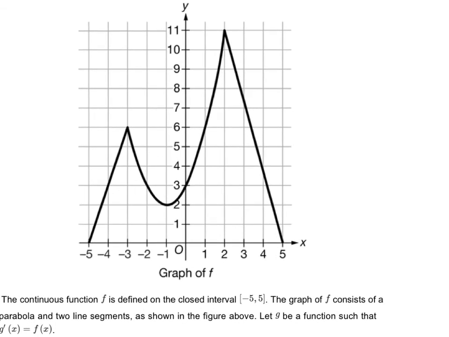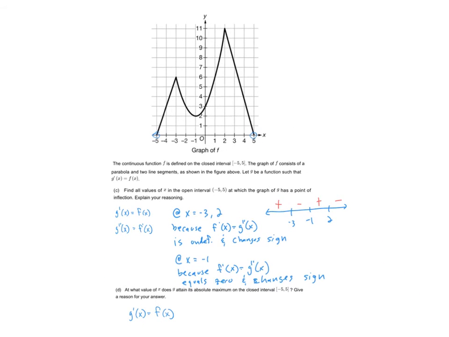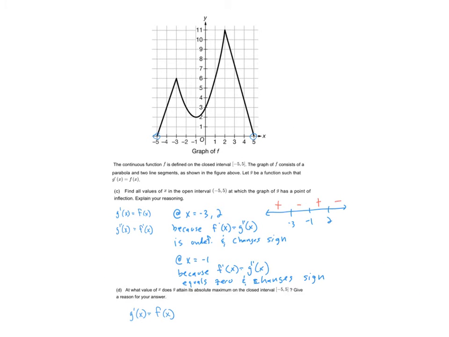The derivative of f is undefined at certain places, but f itself is never undefined. And this is only 0 at the endpoints. And if we look at it, g prime, which is f, is always positive.